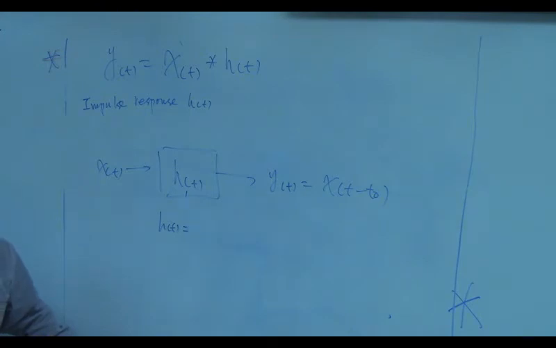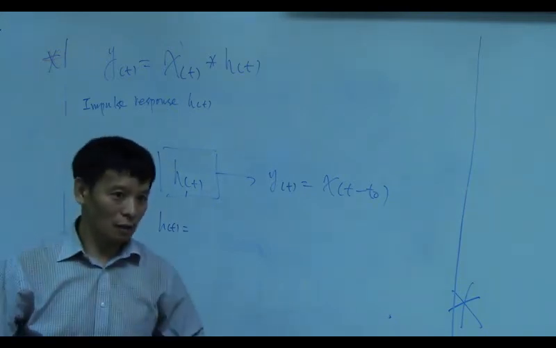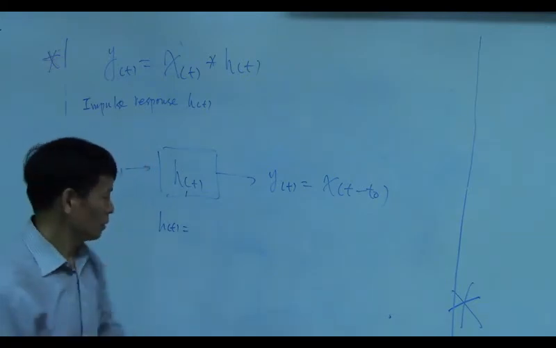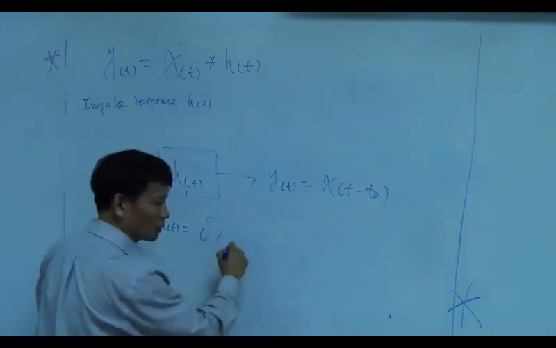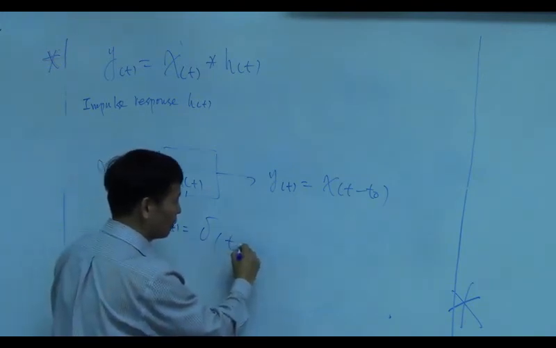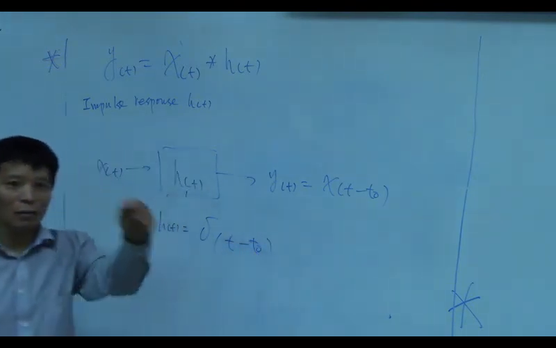x(t) minus t0. What is x? For impulse response, there's no x. Yes, impulse. What else? t minus t sub 0. Good, you get half point.